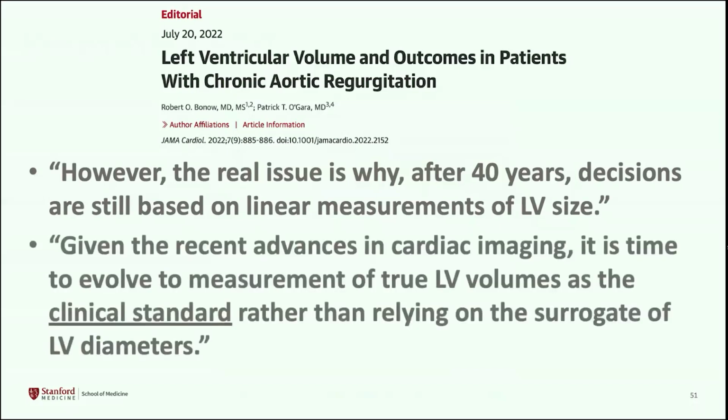Given the recent advances in cardiac imaging, it is time to evolve to measurements of true LV volumes as the clinical standard, rather than relying on the surrogates of LV diameters. And I think that can change the needle for women in particular, right? Where we're missing remodeling and we're missing earlier intervention as we have symptoms earlier than men.